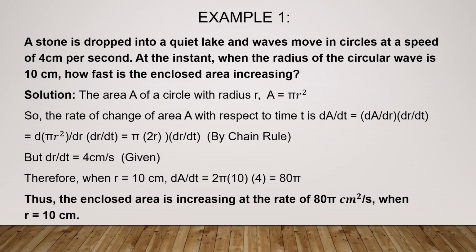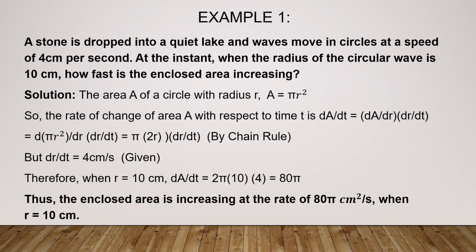So, chain rule. dA by dt is dA by dr into dr by dt. First of all, dA by dr means the derivative of pi r square with respect to r, into dr by dt. Pi is constant, derivative of r square is 2r, so pi into 2r into dr by dt.